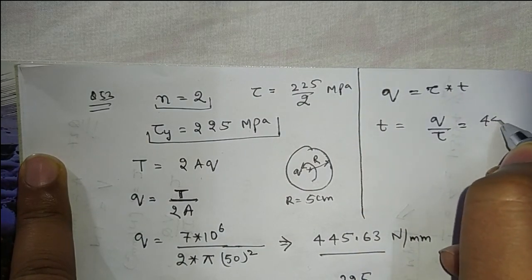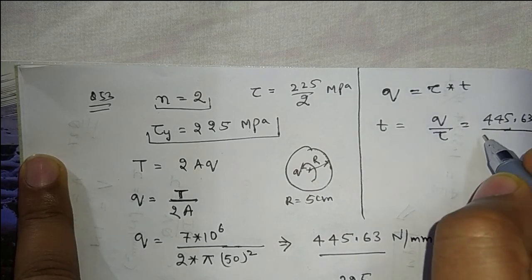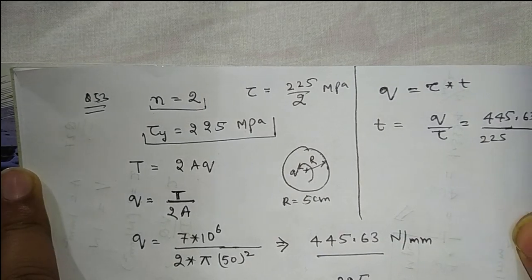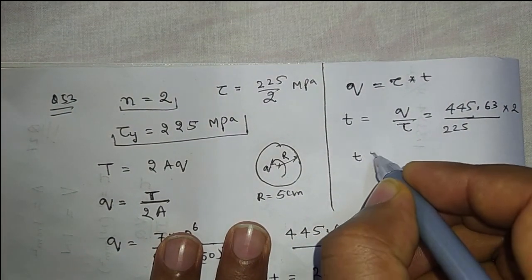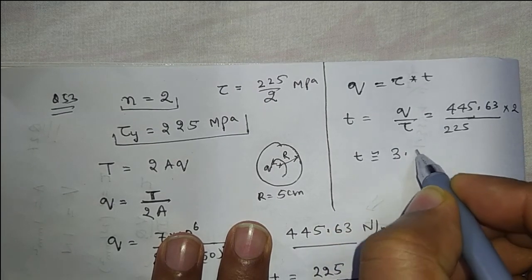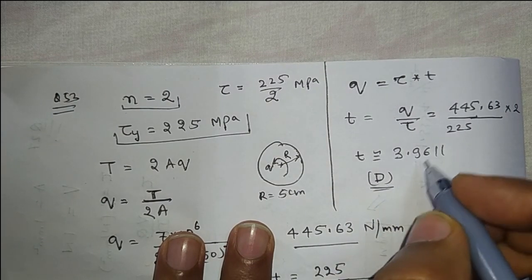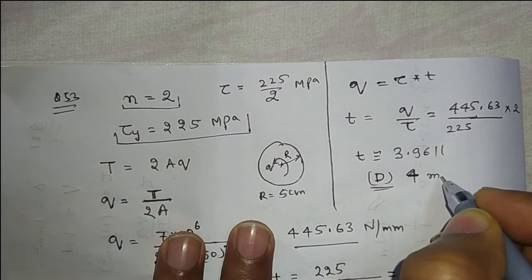So 445.63 divided by 225 into 2, we will get the value of thickness equal to 3.9611. D will be the correct answer. Thickness should be approximately 4 millimeters.